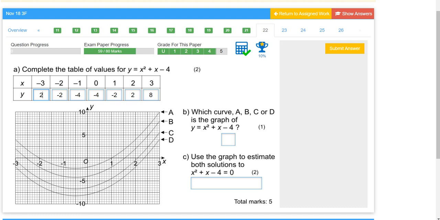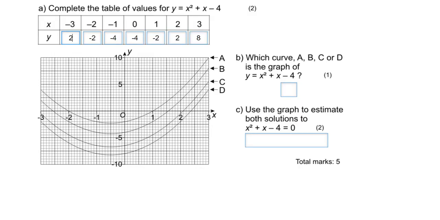And it looks to me like it's going to be that one, part B. Let's just double check that one, shall we? So here's my graph, and that looks like it's going to be 0, negative 4. Just follow that one along, and yes, it does look like B is indeed correct, so I'll stick in B there.